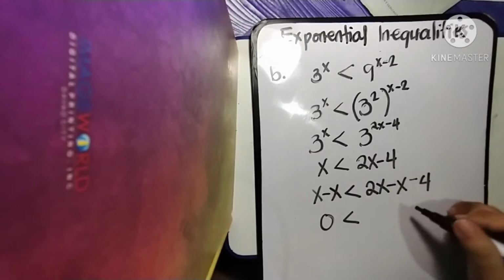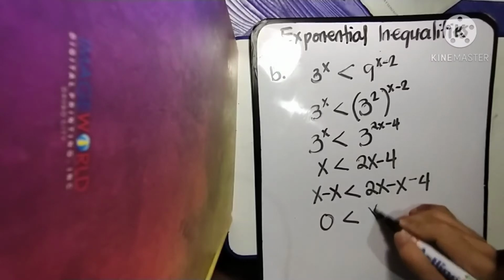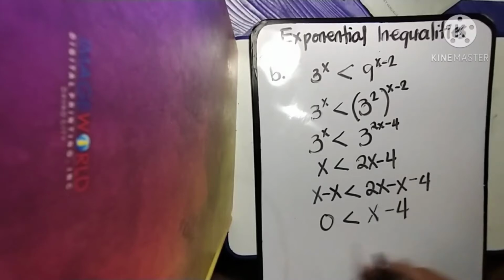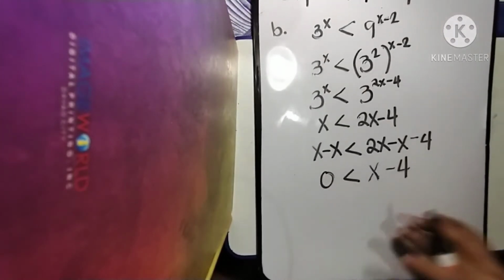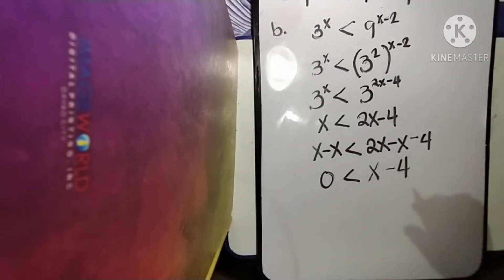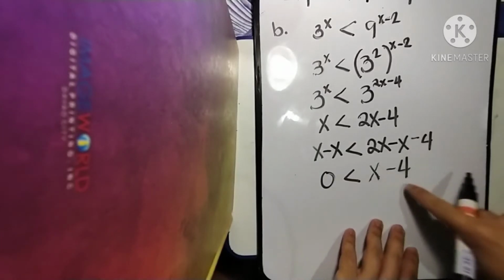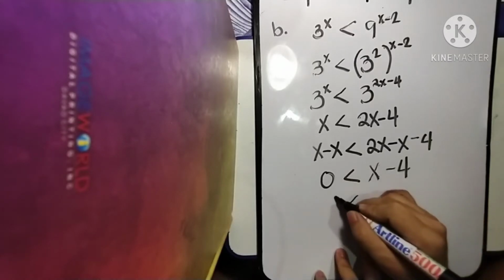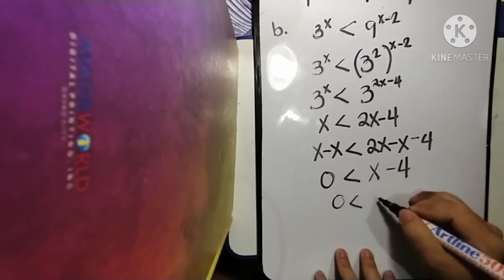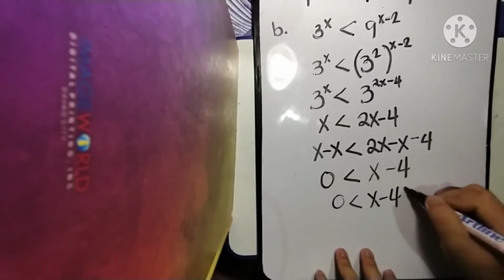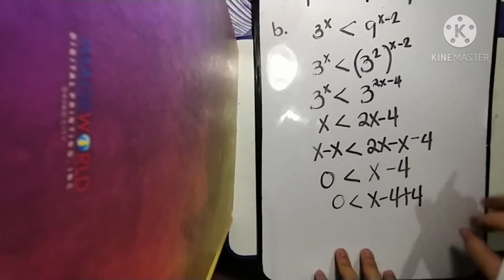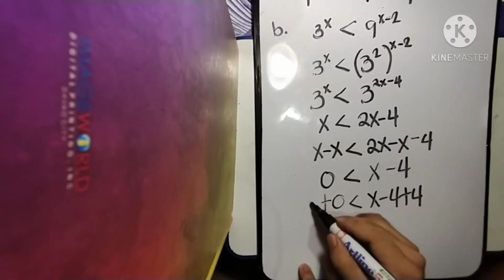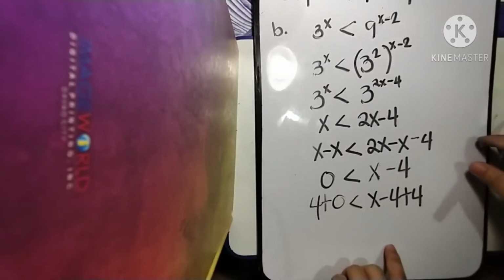Now, 2x minus x is x minus 4. Now, 4 we move to the other side. Since this is negative, we apply the addition property so that negative 4 becomes 0. So, we have 0. Okay, this is x minus 4 plus 4. Now, we add on both sides to maintain the balance of the equation.